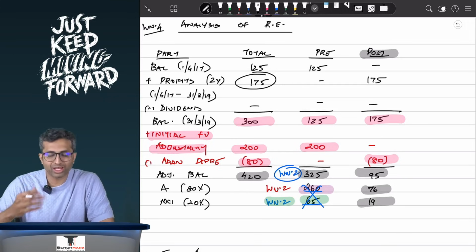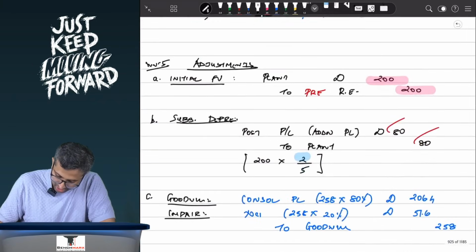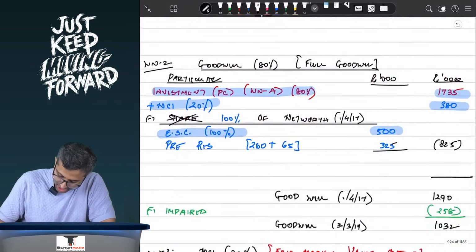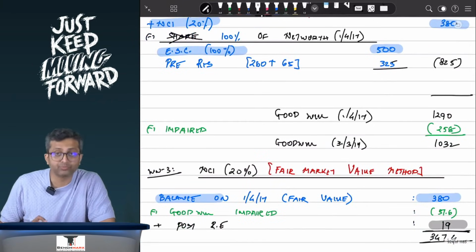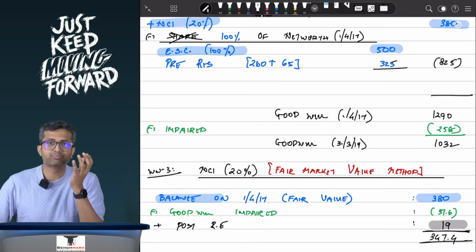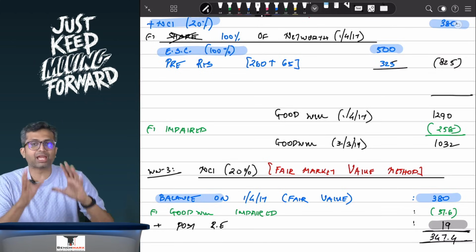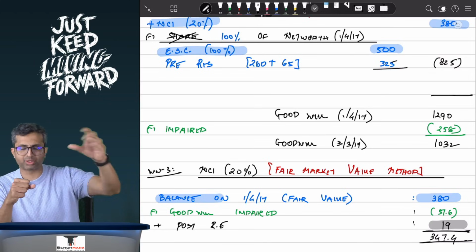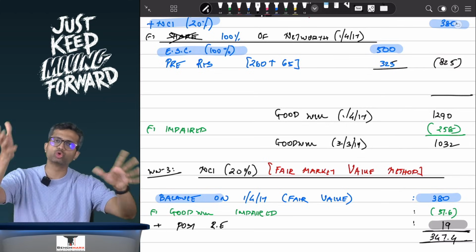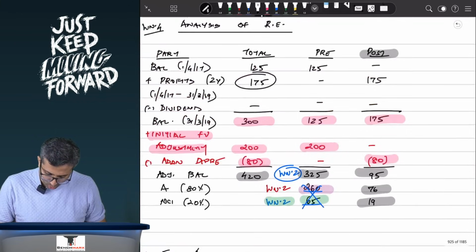As you can see over here, this is 76 and 19. But when you look at, for example, the pre-acquisition reserves, remember the entire pre-acquisition value, whether it is purchase consideration or NCI, is going in working note 2. So the entire pre-acquisition section will go to working note 2. This is where you have to avoid making a mistake.